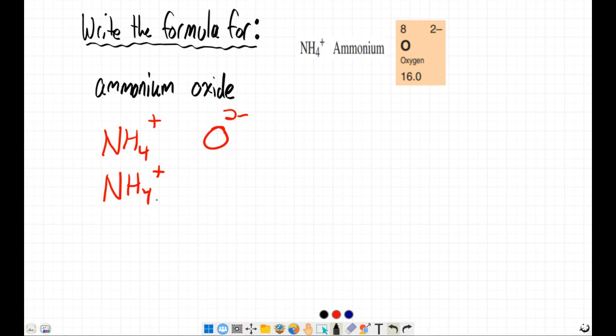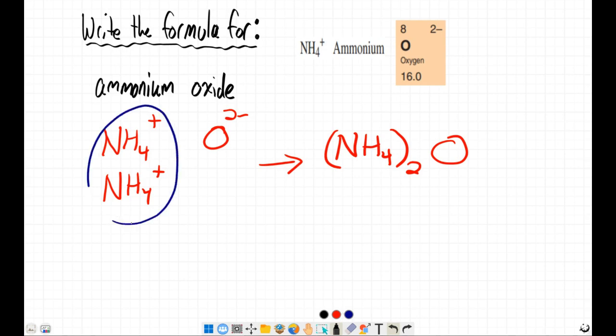So I've got 2 positives and 2 negatives. So when writing this out, I'm going to write this as NH4 with brackets around it and a 2 afterwards, followed by an O. It's important to note that if you have more than one of a polyatomic ion, you have to put brackets around it when you're writing out its formula.